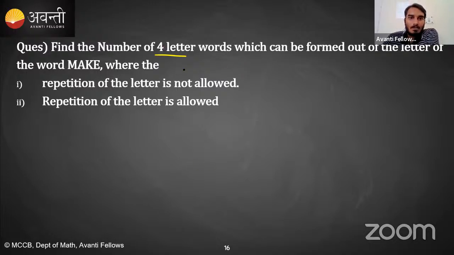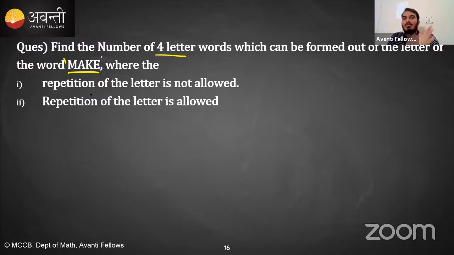So find the number of 4-letter words which can be formed out of the letters of the word MAKE, where the first part says that repetition of the letters is not allowed, and the second part says that repetition of the letters is allowed. Is this clear? So we have to make the 4-letter word from the letters of MAKE.